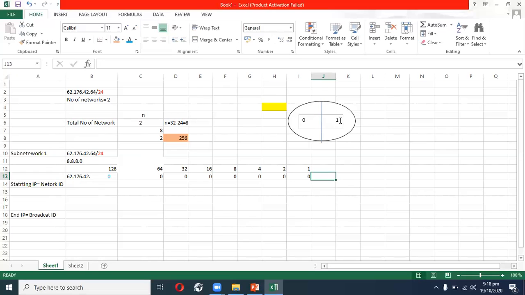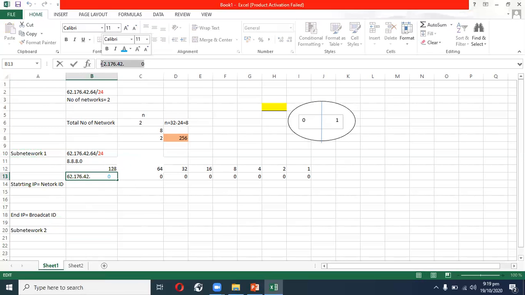When we talk about subnetwork 2, let me write here subnetwork 2, and we will do the same thing. Let's copy this, and our formula will be the same.